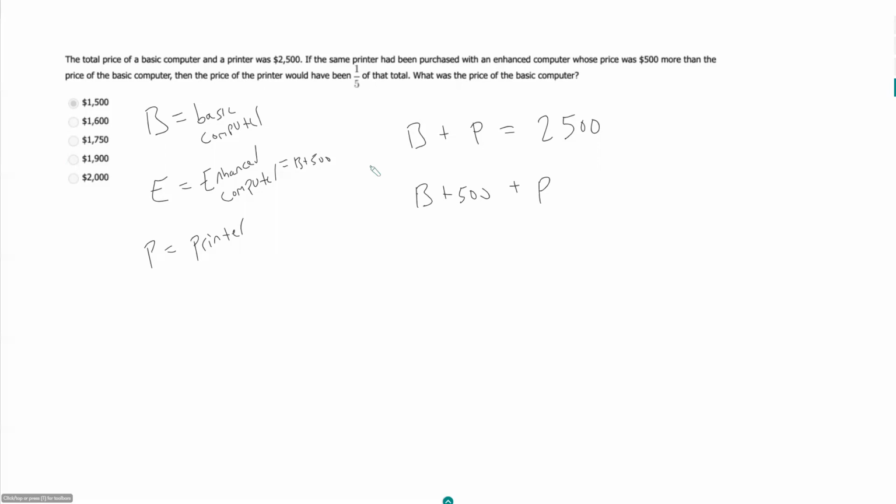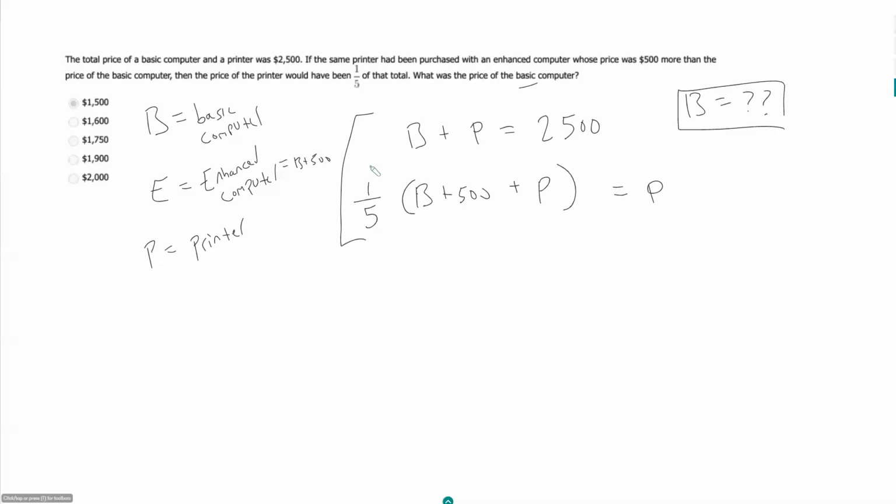They're saying 1/5 of this amount is just equal to the price of the printer. Once we simplify this, we'll have two equations, both with B's and P's, and we should be able to solve for both of them. And what is the price of the basic computer? So we are looking for B.